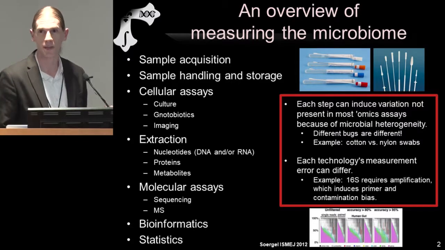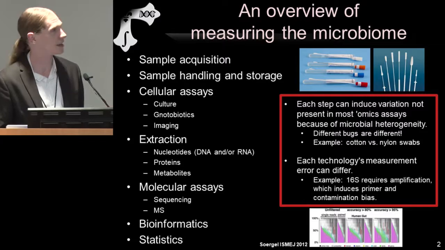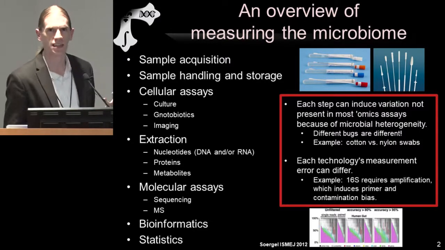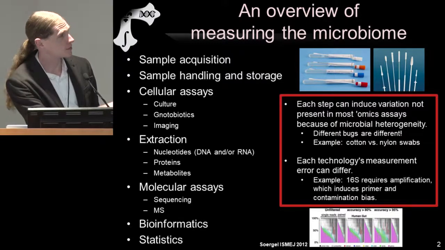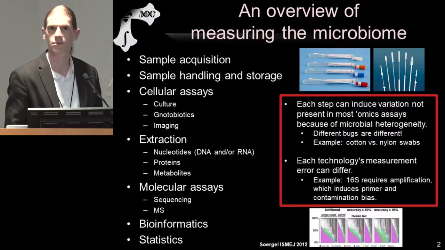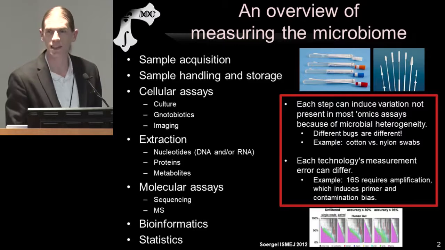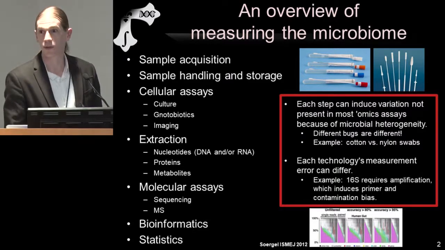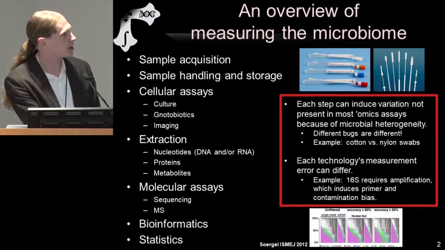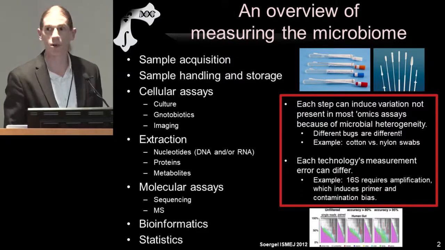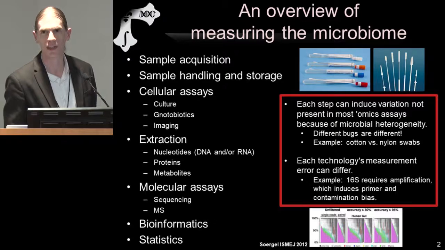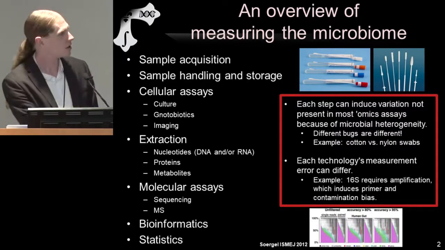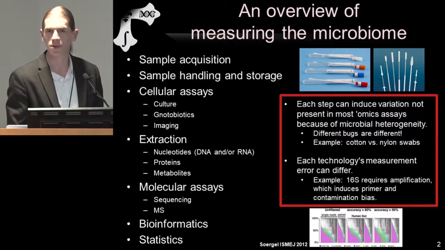sample handling and storage, what do you do with them after you have them before generating data, a series of more cellular assays that can take place at this early stage, which include live cell-based methods, culture or gnotobiotics, whole cell imaging, for example. Or if you're going on to molecular data for a definition of a healthy microbiome, we need to get molecules out of a microbial community somehow, be they nucleotides, DNA, or RNA, or other molecules such as proteins or metabolites.